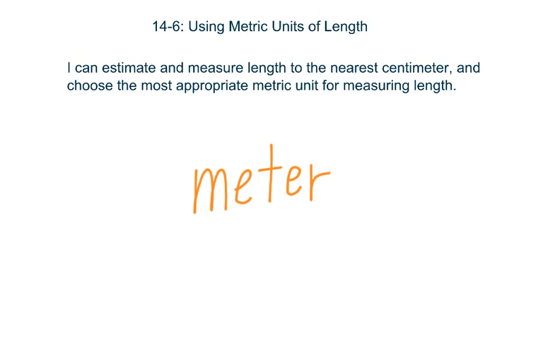A meter is the same as about 1 yard or about 3 feet. Some of the metric system units are close to the customary system units. However, very few of them are exact conversions.